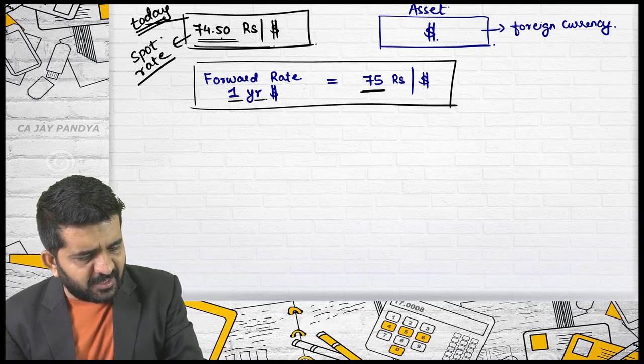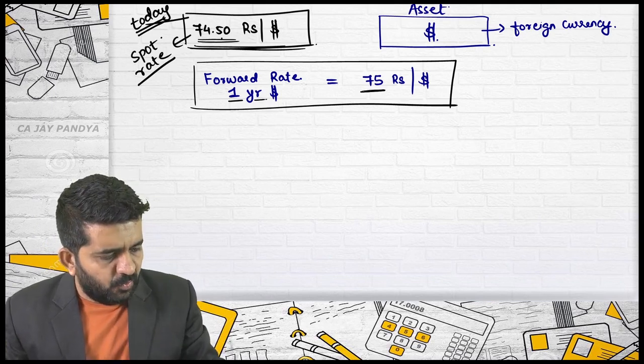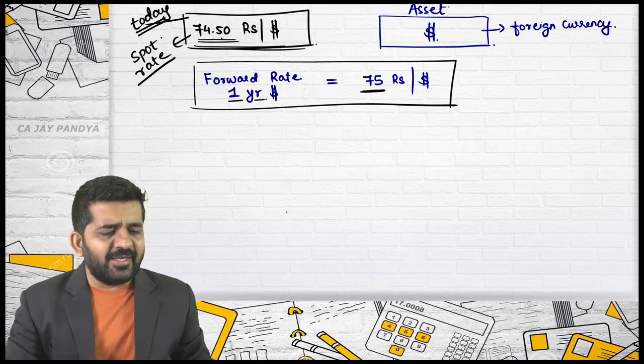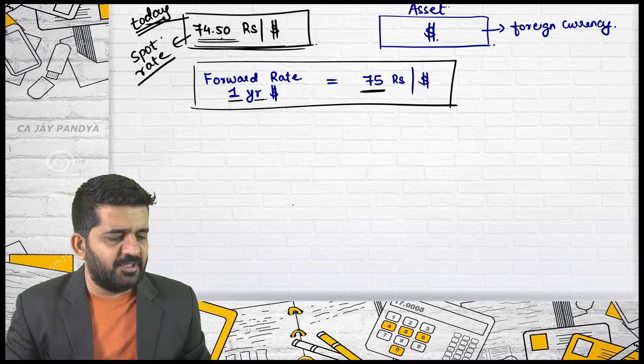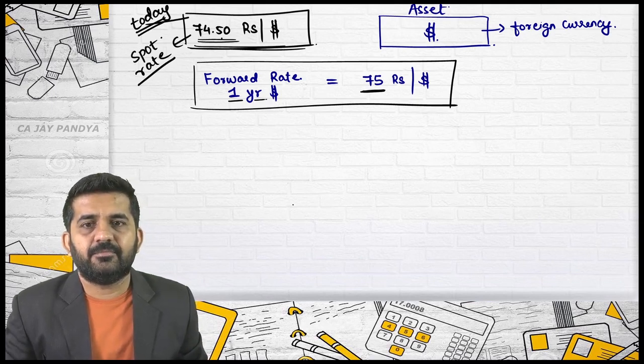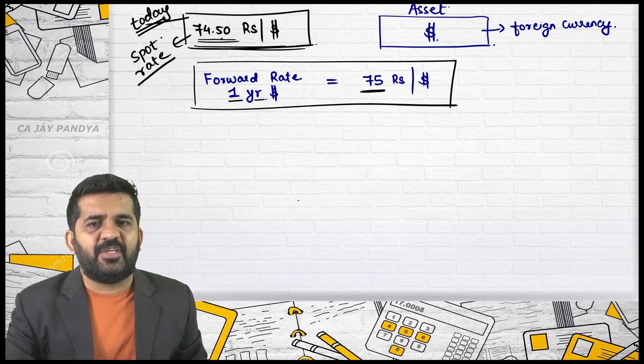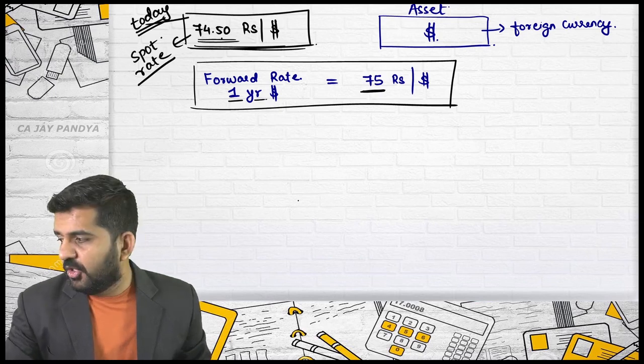Here, if these are the rates, what is the spot rate? 74.50. What is the rate? 75. Can you tell me the 74.50 and 75 is rate of rupees or rate of dollar? It is rate of dollar in terms of rupees, agreed, but it is rate of dollar.